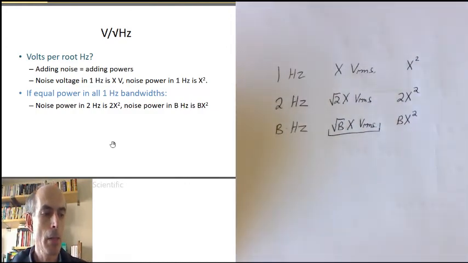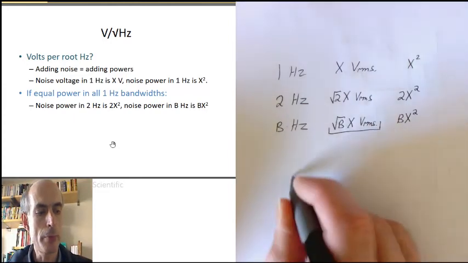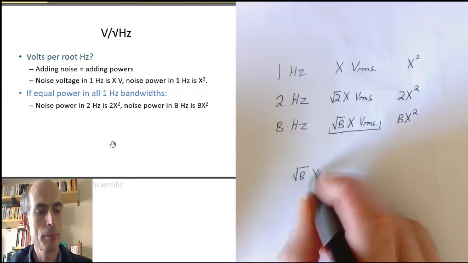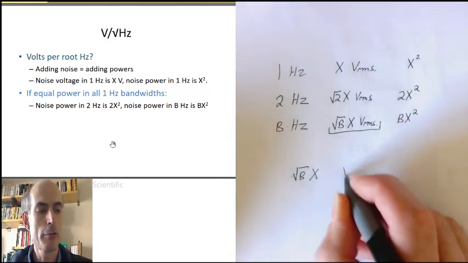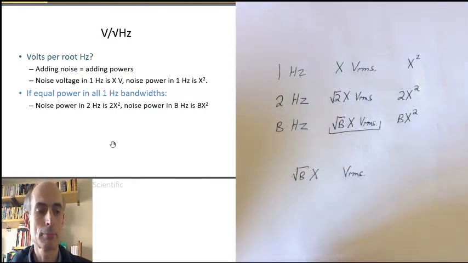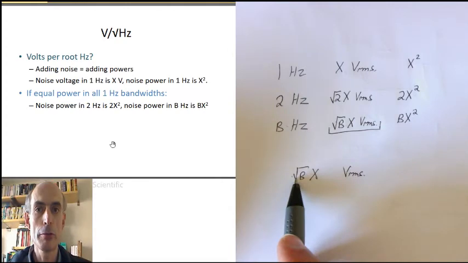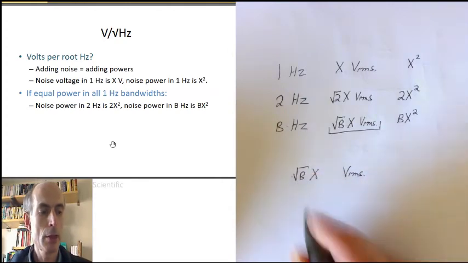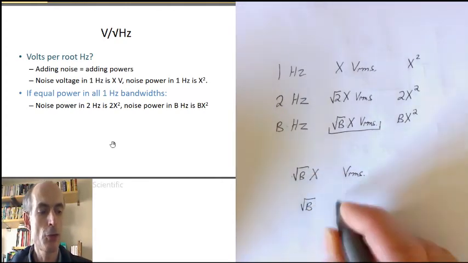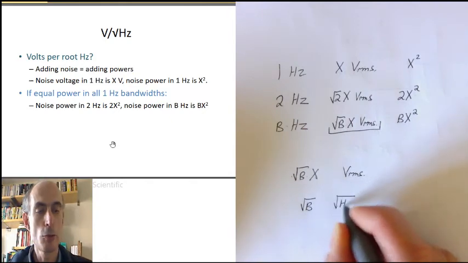Now, square root of B times X has units of volts RMS. The square root of B is the square root of a bandwidth. Therefore, the square root of B has units of the square root of hertz.